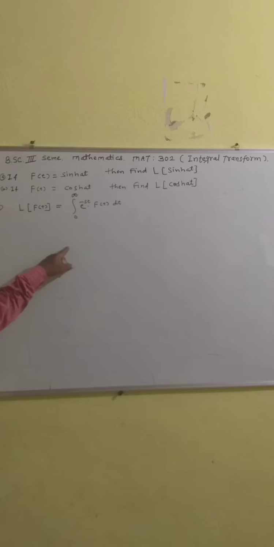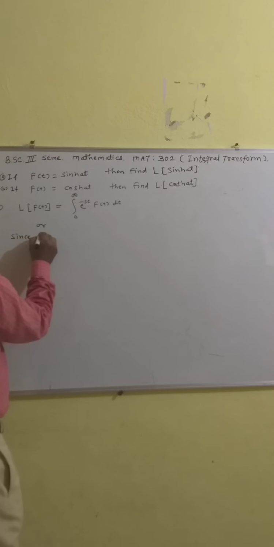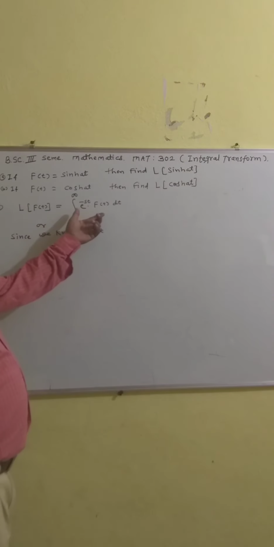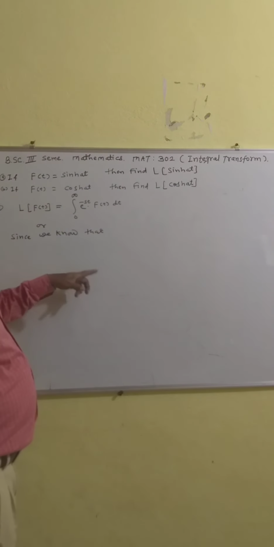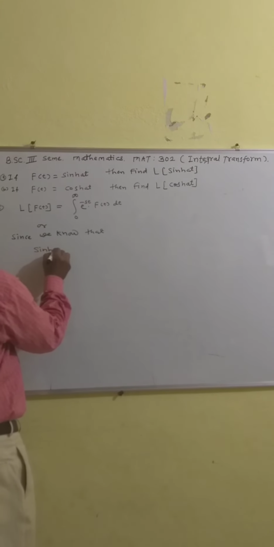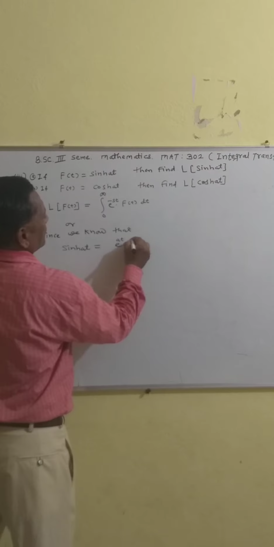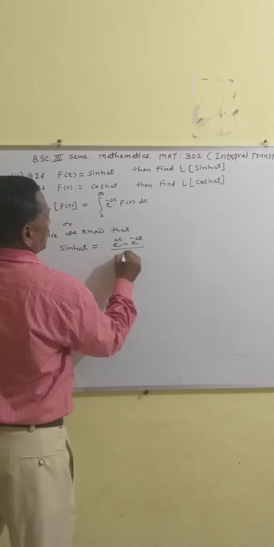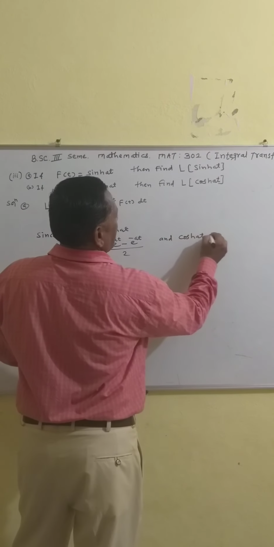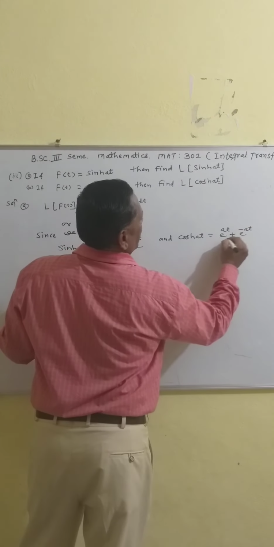You apply this formula and you also get its Laplace transform, or by another way, we know that sin hat is equal to (e raised to at minus e raised to minus at) upon 2, and cos hat is equal to (e raised to at plus e raised to minus at) upon 2.